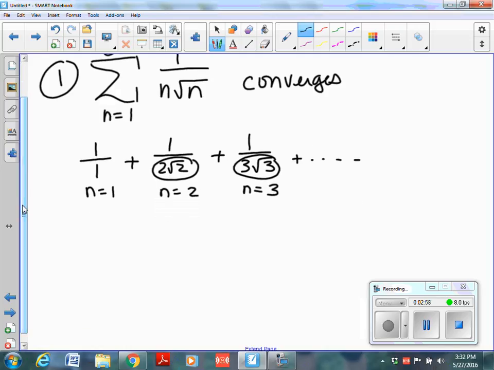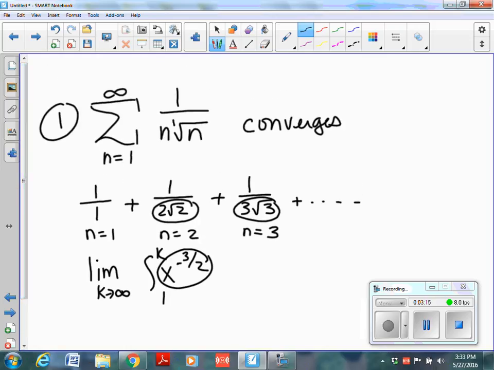So if you take the limit as k approaches infinity of the integral of x raised to the negative 3/2 power from 1 to k, I got x to the negative 3/2 because this is n to the first and this is n to the 1/2, which really makes n to the 1 and 1/2. But if you bring it up, it's really x to the negative 3/2 dx.